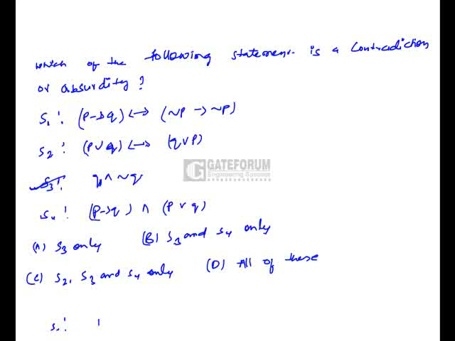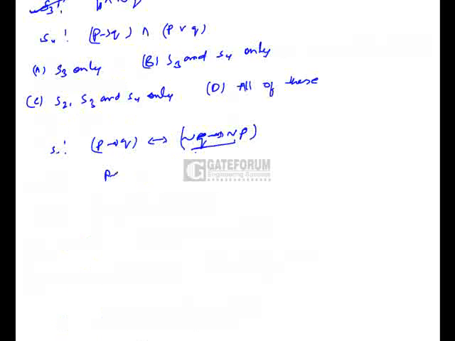The S1 is P implies Q biconditional negation Q implies negation P. Negation Q implies negation P is nothing but P implies Q. This is a contrapositive property.